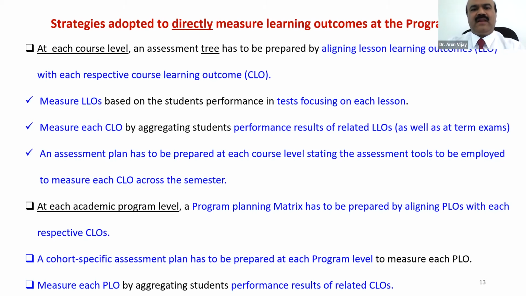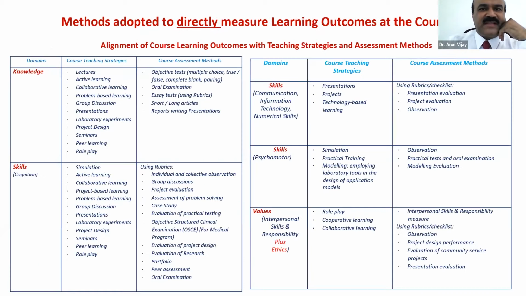At the program level, every program coordinator has to provide a program planning matrix by aligning the CLO with PLO. Then there should be a cohort specific program assessment plan for assessing the learning outcome within the cohort. Then by using the CLO, we measure the PLOs.